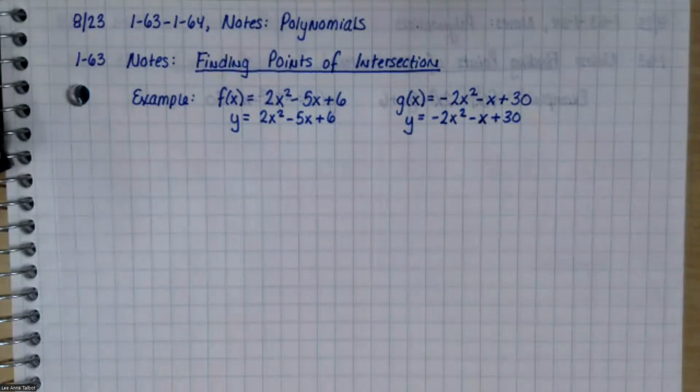G of x can be interchanged with y. Anything of x can be interchanged with y. It's just that we choose f and g because sometimes we work with more than one. This is an excellent example of that.